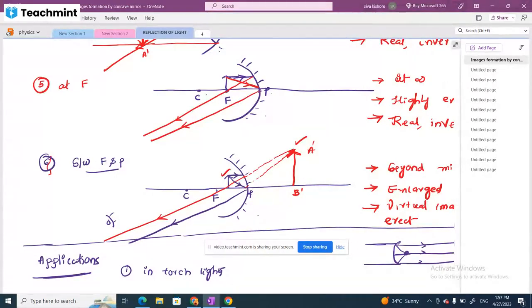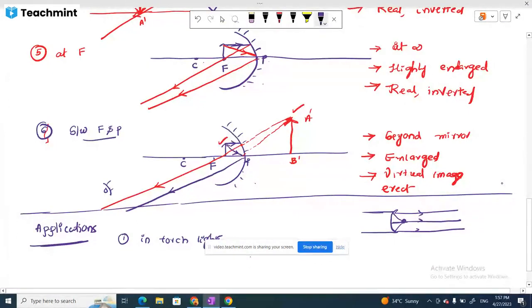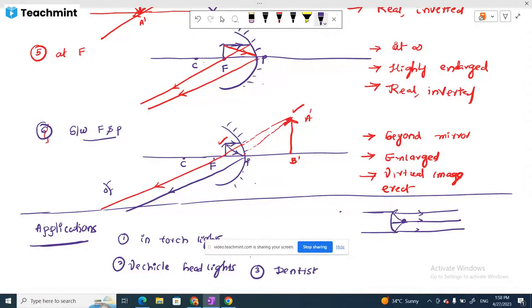Dentists also use this concave mirror to see small teeth, and ENT doctors can also use it.